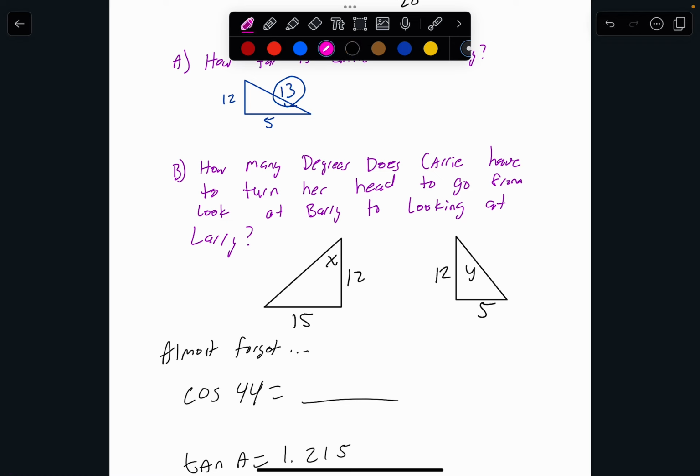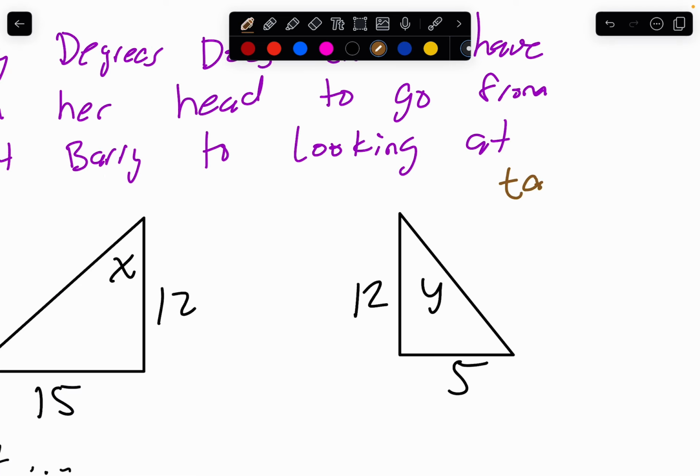So I'm going to do two different trigs. On the left side, that would be the tangent of x equals opposite 15 over adjacent 12. So that would be inverse tangent of 15 over 12. For the second situation, this would be the tangent of y equals opposite over adjacent. So that angle would be inverse tangent 5 over 12.